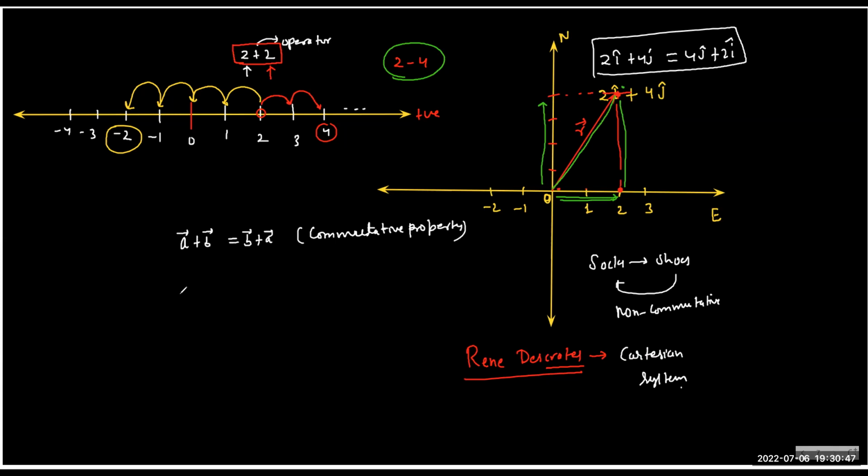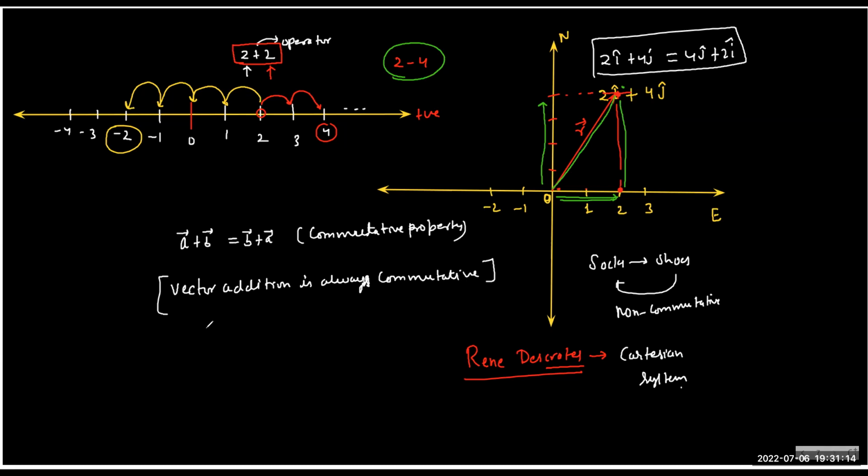So if the order of operation does not affect the answer, we call it commutative. If order matters, we say non-commutative. So vector addition is always commutative.